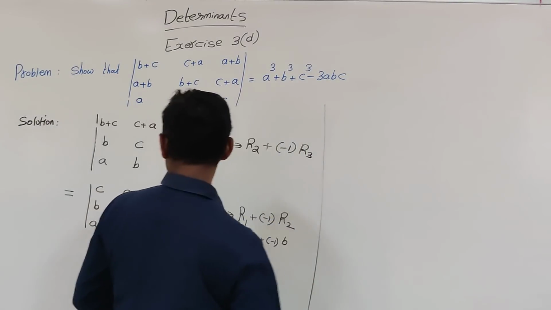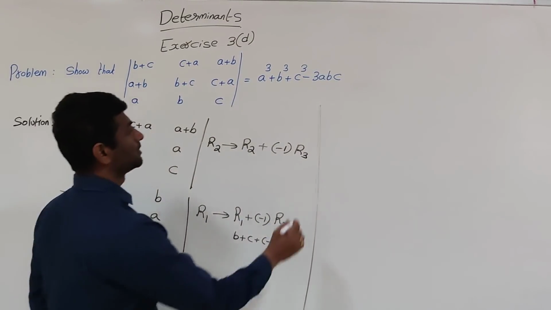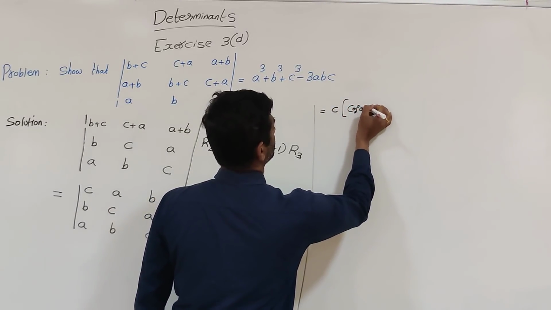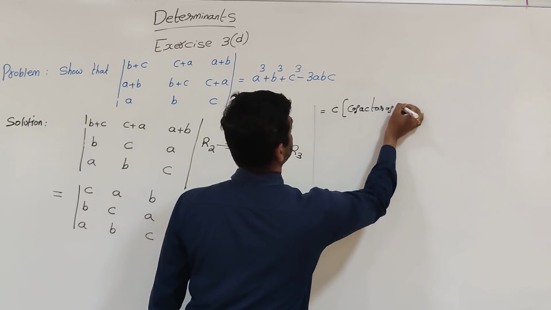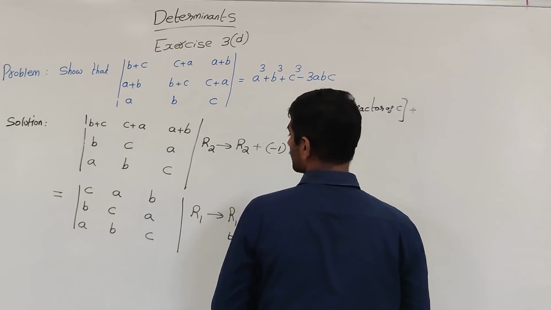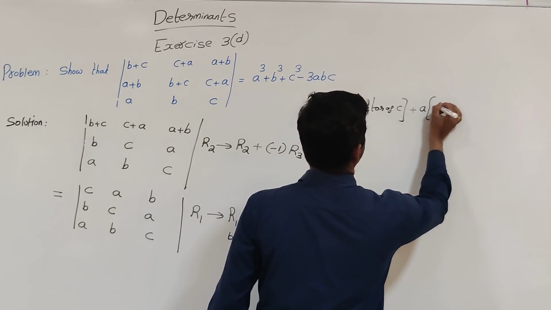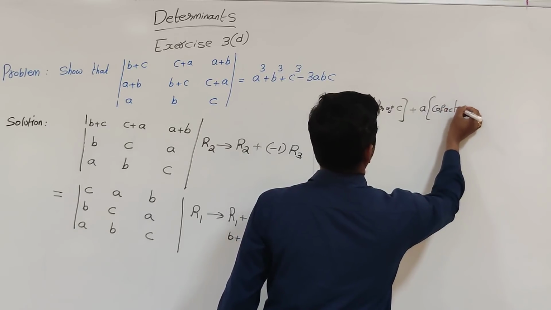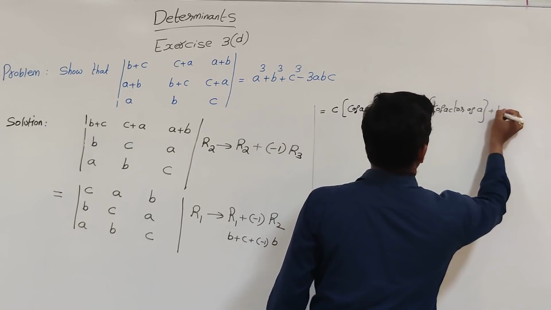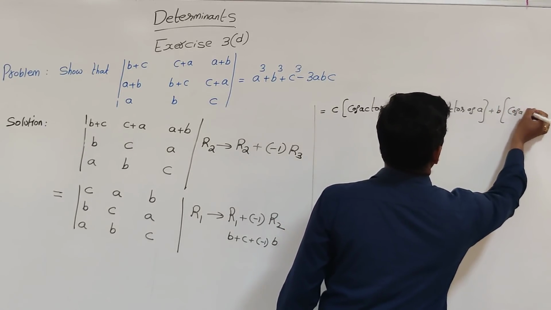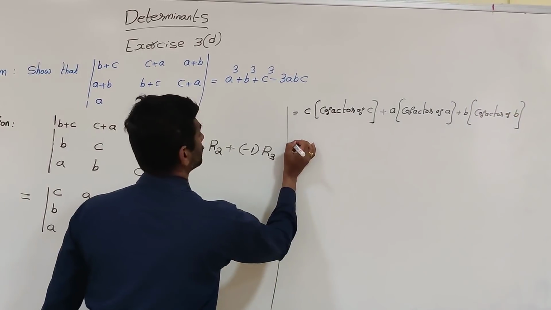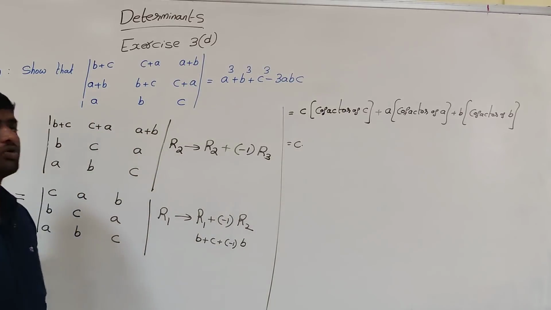So we'll see. So C times, now you can expand, C into cofactor of C plus A into cofactor of A plus B into cofactor of B. So what is the cofactor of C?